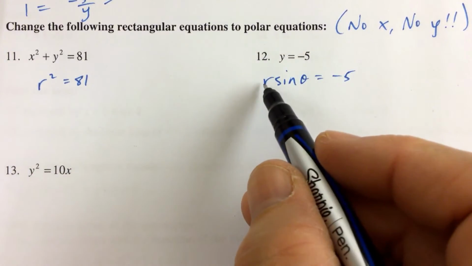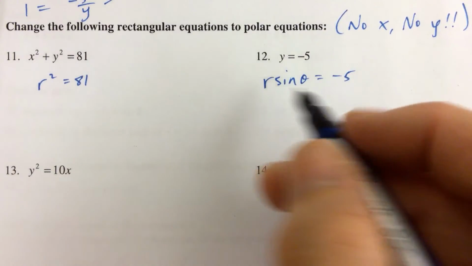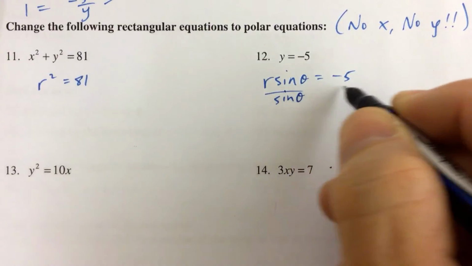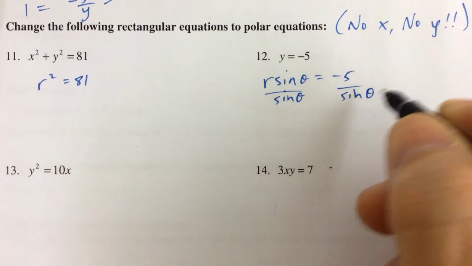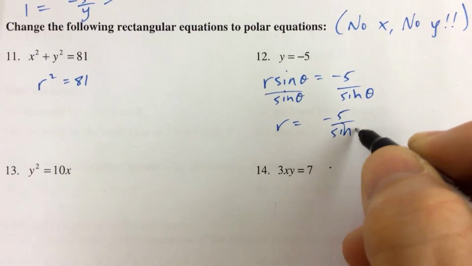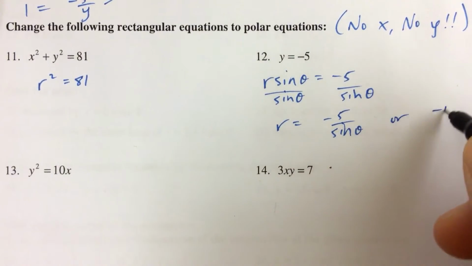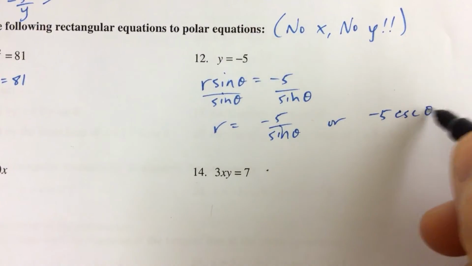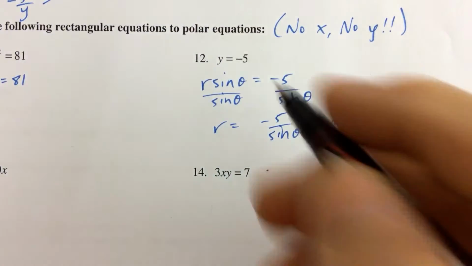Again, we want to separate the r from the theta on either side of the equal sign. So we're going to divide both sides by the sine of theta, and we can leave it like that, meaning -5 over the sine of theta. We can leave it alone, or you can write it as -5 times the cosecant of theta, the way it was written in problem number 9.